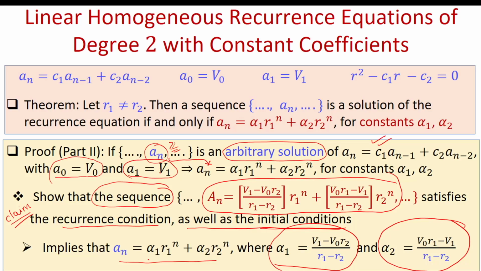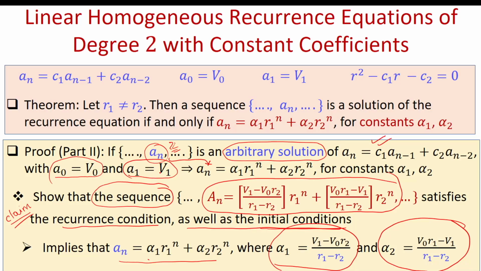Then, as we discussed in the last lecture, if I want to satisfy simultaneously the initial conditions as well as the recurrence condition, then there can be only one possible sequence. You can't have multiple possible sequences whose terms are different, but they are satisfying the initial conditions as well as the recurrence condition. That can't happen, right? Because if the initial conditions of the two sequences are the same, then that automatically implies that all the following terms of the sequences are also going to be the same because both of them satisfy the recurrence condition.